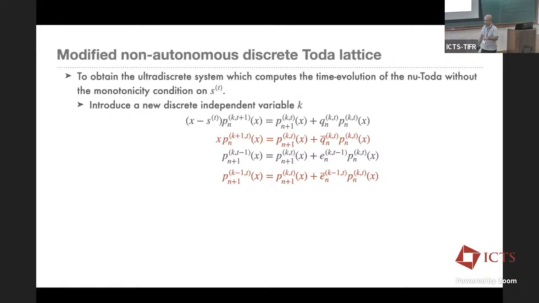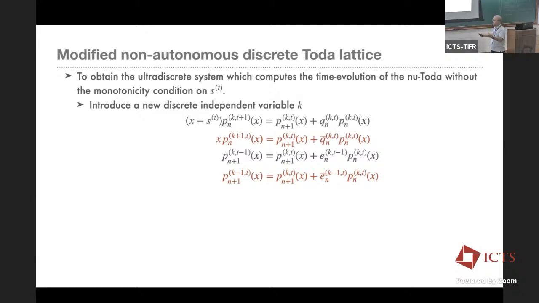And k and t, both of them are, of course, commutable. So here, the first one is our first assumption to derive the non-autonomous discrete Toda. But the second line and the fourth line are a new assumption for orthogonal polynomial P. And here, the difference is the choice of spectral parameter. The first one is S of t is ours.